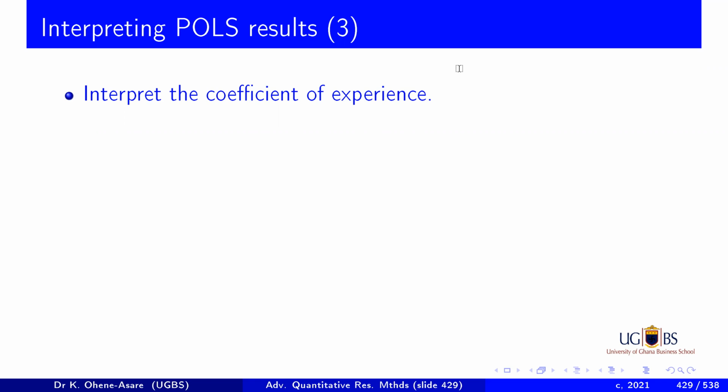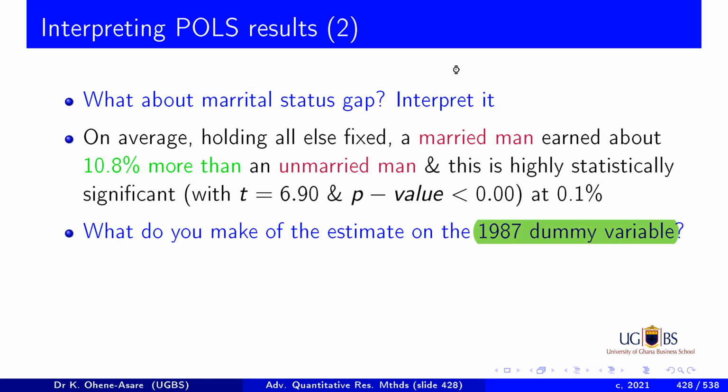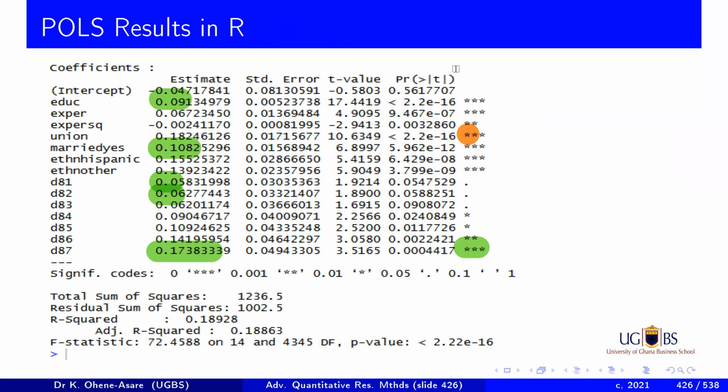Okay, so who can interpret the coefficient of experience? Experience, let me take you back here. Now you guys are getting a clearer understanding of these interpretations. So get used to them. It's very, very important. Coefficient of experience.